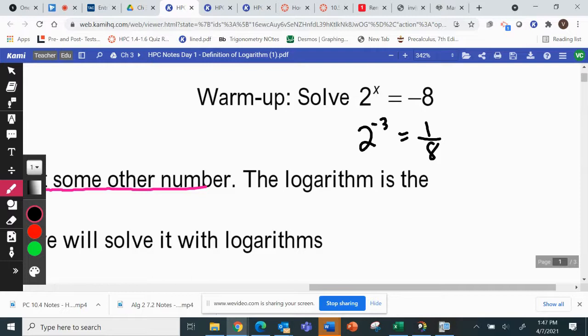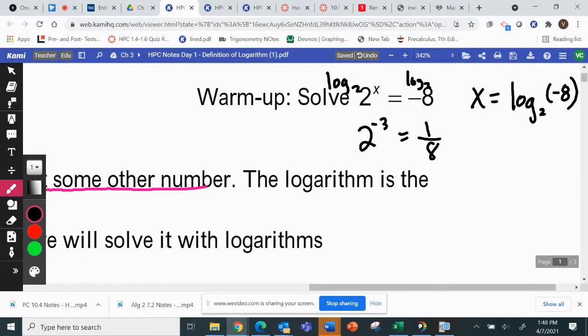So the reason why I want to show you this is, if I actually use logarithms for this one, I would have to do log base 2 to both sides, and then I would get x equals log base 2 of -8. If I do that, there's no answer to this because there's absolutely no way I can take a positive number, raise it to an exponent, and have it turn into a negative number. That is impossible.